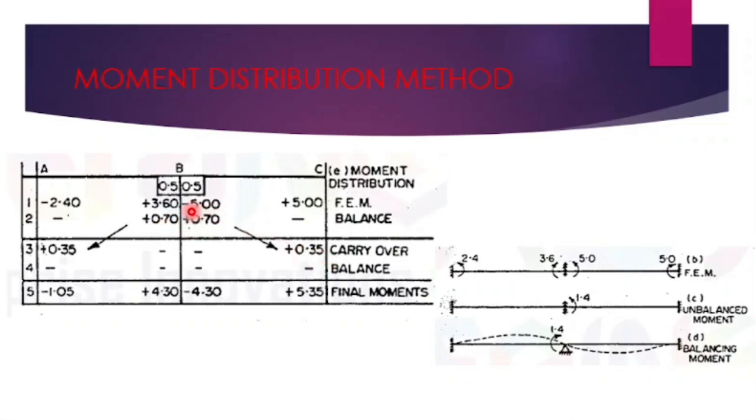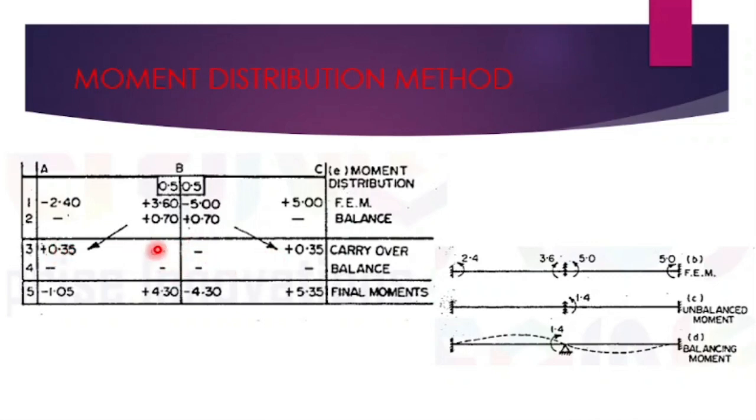Now remember, where you have carryover: if the opposite end is fixed, how much moment can you carry? 0.5. Half of the moment you can carry. So what is 0.5 into 0.7? 0.35. So the opposite end is fixed, half of the moment goes here and half goes there.